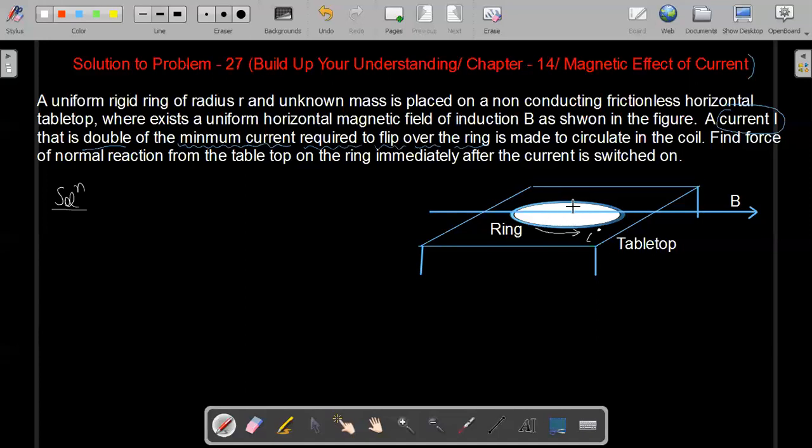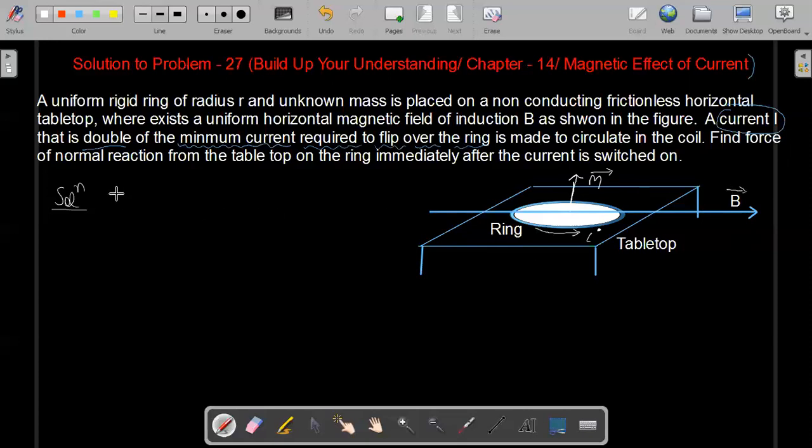In this question, the magnetic dipole moment for this ring corresponding to the small i current will be in the vertically upward direction. And a ring having certain non-zero magnetic dipole moment, when placed in the uniform external magnetic field, experiences a torque.